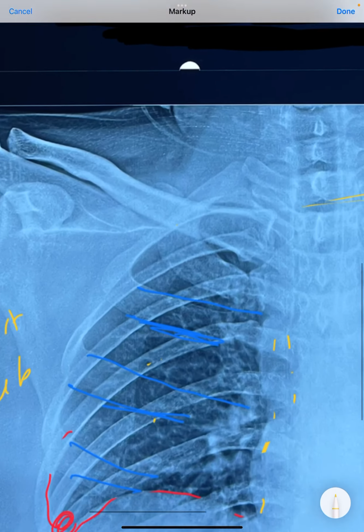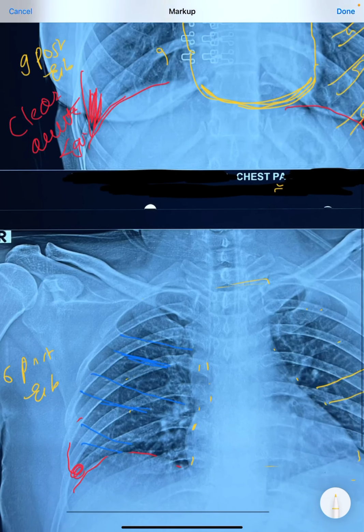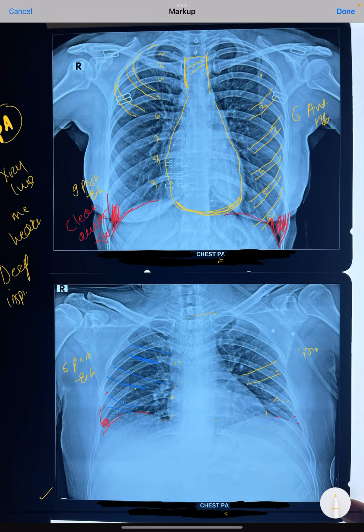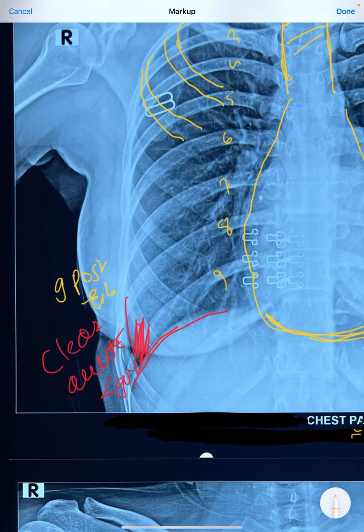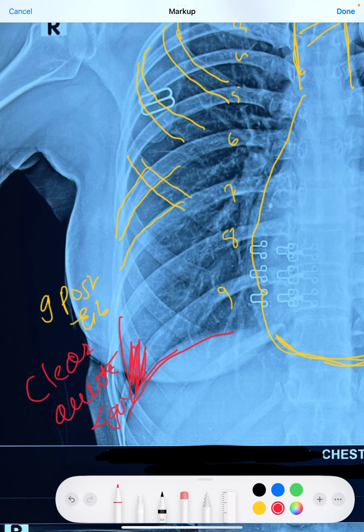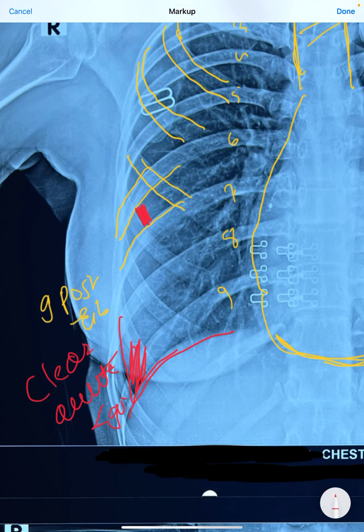Also, the angle between the anterior and posterior ribs makes a very good diamond when it is in good deep inspiration. For example, we know that this is the anterior rib and this is the posterior rib. So we can see a very nice diamond-shaped structure.